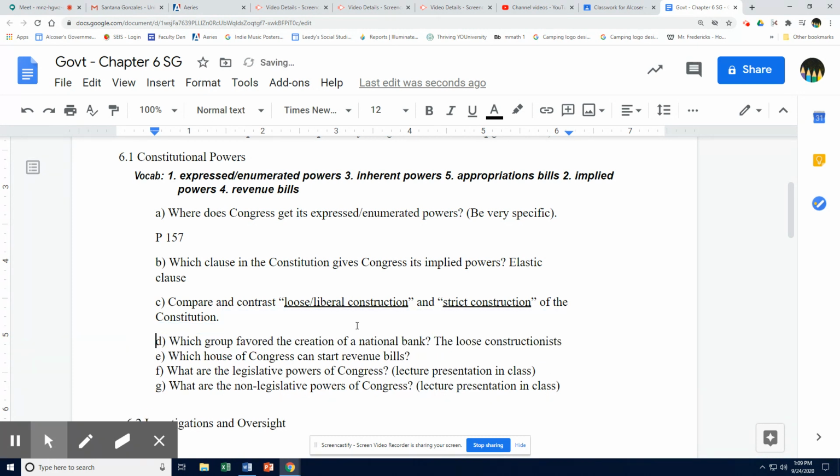Okay. Let's see. Compare and contrast loose, liberal construction and strict construction of the Constitution. It says to look on pages 157 and 158. So I'm going to read the bottom of 157. Because of the far-reaching implications of the expanding power of Congress, the Supreme Court has often had to resolve conflicts over what is necessary and proper legislation.